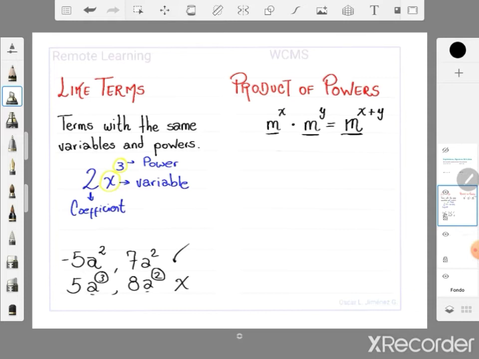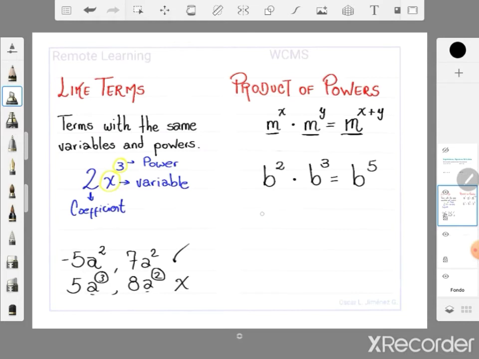For example, if you have b to the second power times b to the third power, again, you must keep the b, the variable or the base, and you add the exponents. So what is 2 plus 3? Very good, 5.